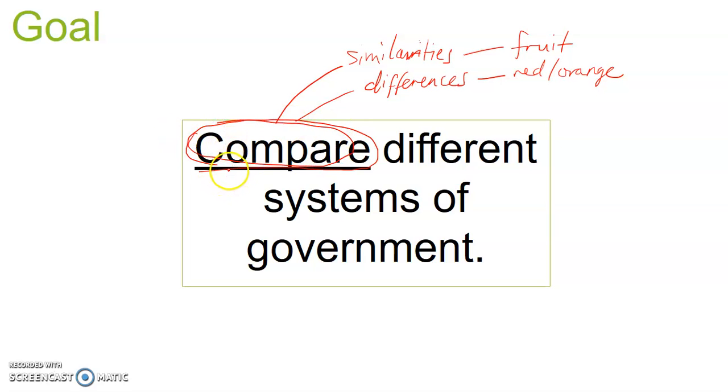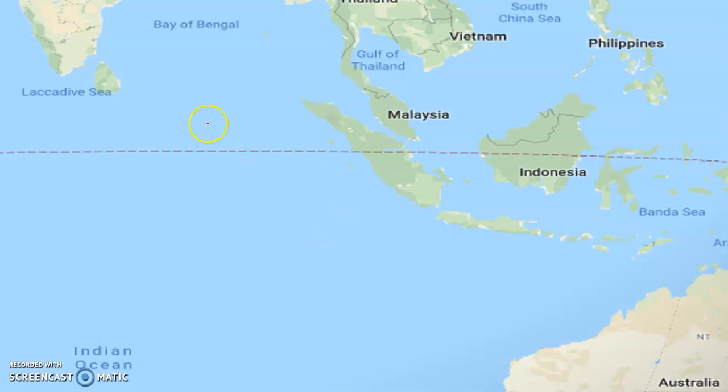And in the process of showing you how to complete that key skill, I'm going to use two different systems of government as an example. The two governments I'm looking at today, one is Sri Lanka, which is a little island just off the south coast of India.